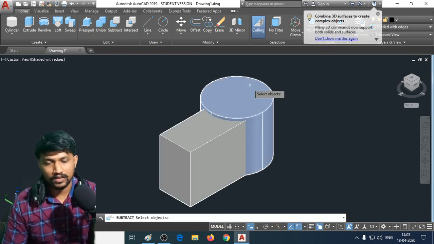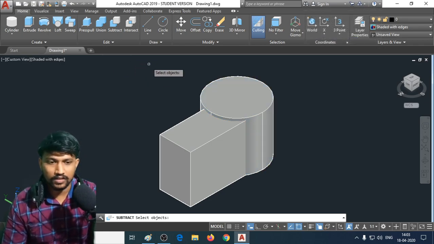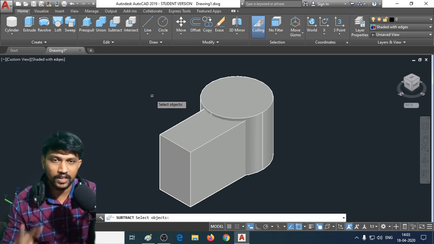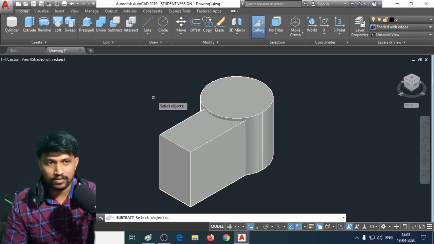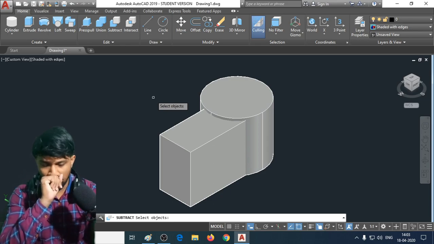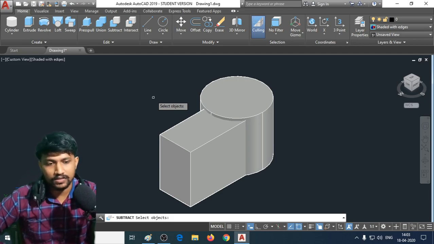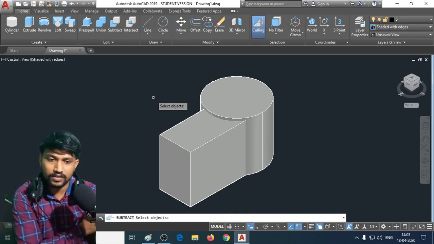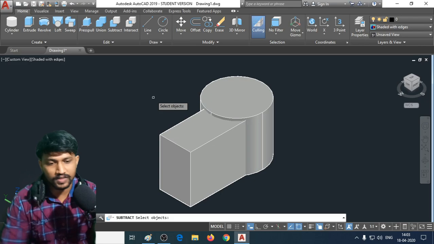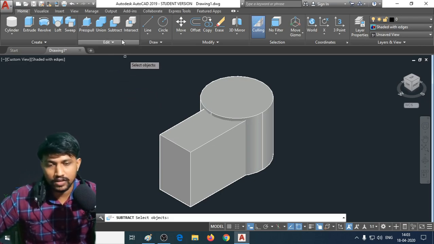In this one, unlike the previous case of union, where we selected the two objects and just pressed enter, now we have to select the objects independently. We can't select them at a time and then press enter. The first object that is selected will be kept, and the second object will be subtracted from the first object. That is how the subtract command works.